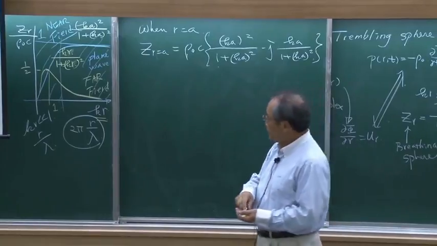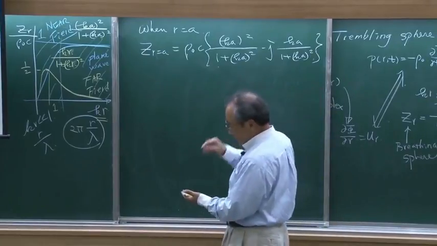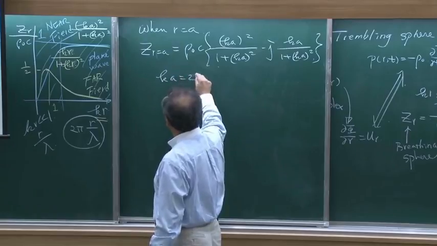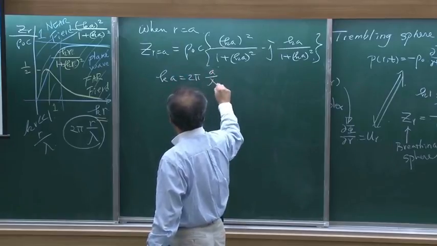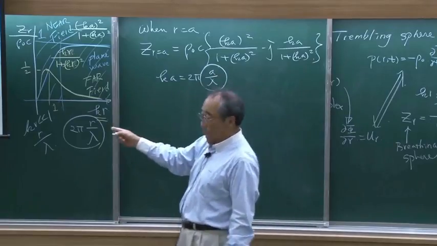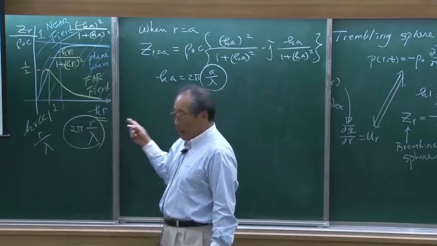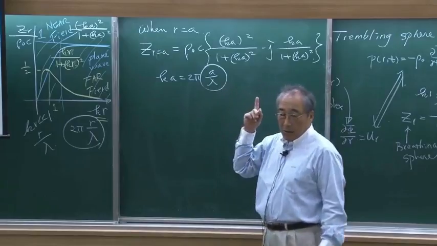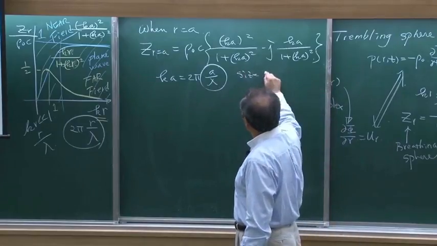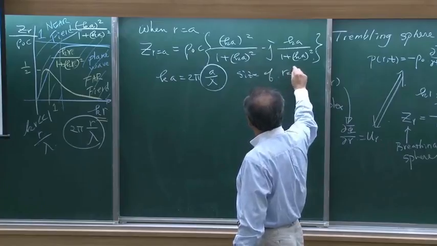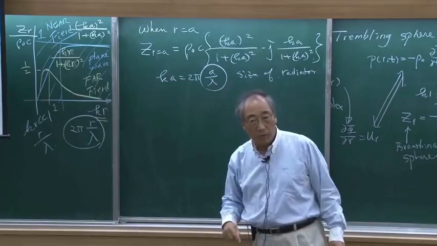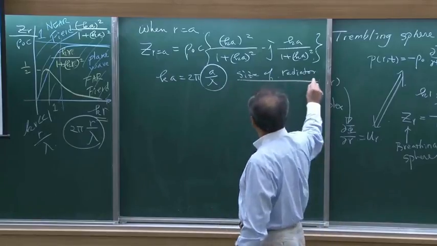Therefore, it depends on Ka. What's the meaning of Ka? Ka is 2 pi a over lambda. What does it mean? Compare with that, r over lambda. That means the size of the radiator has to be seen in terms of wavelengths.